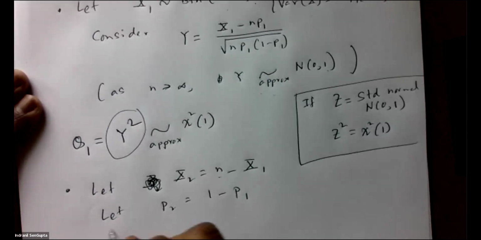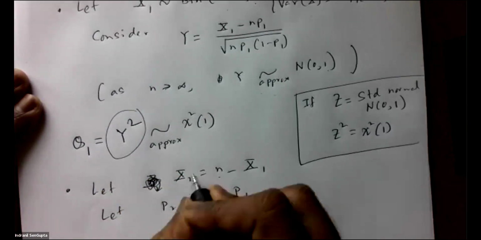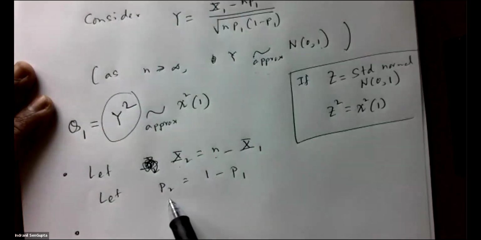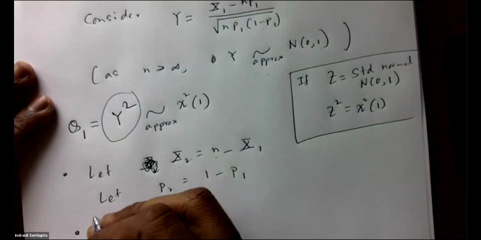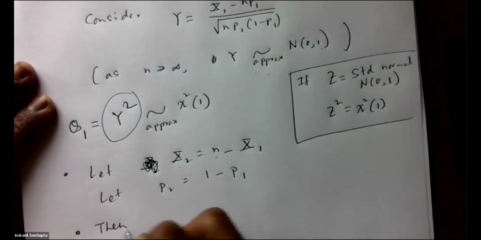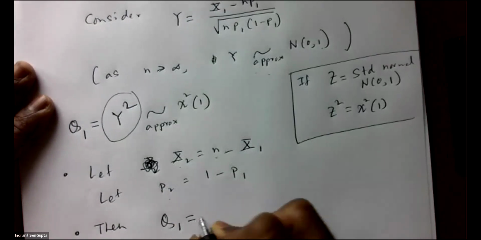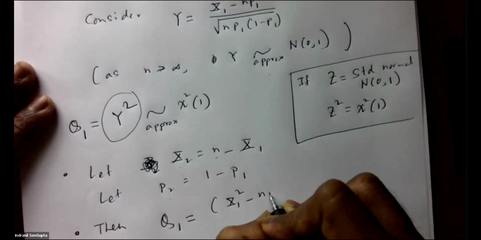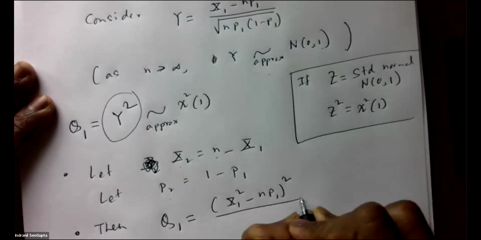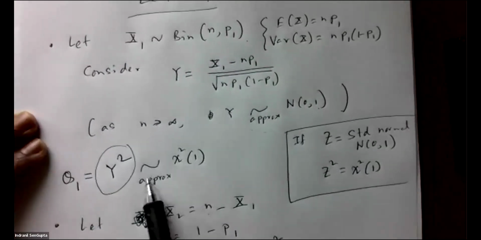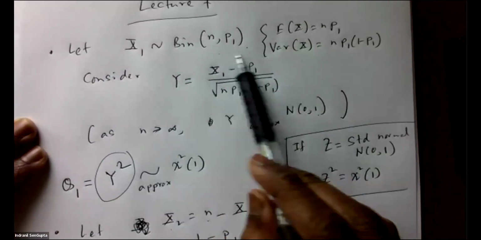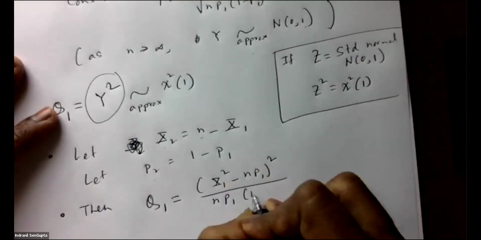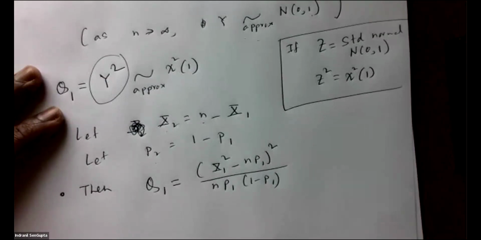Now, after these two new definitions, x2 and p2, let's define q1, which is given by x1 minus np1 squared over np1 times 1 minus p1. Remember, it's y squared, so I just square y.